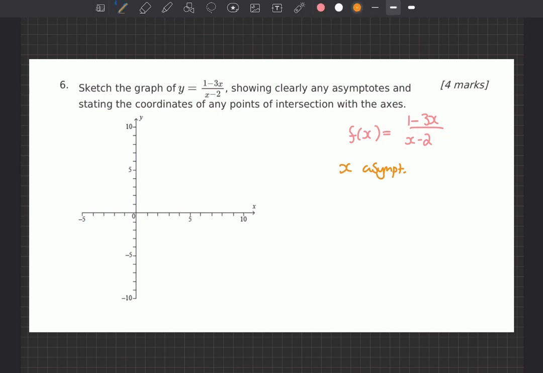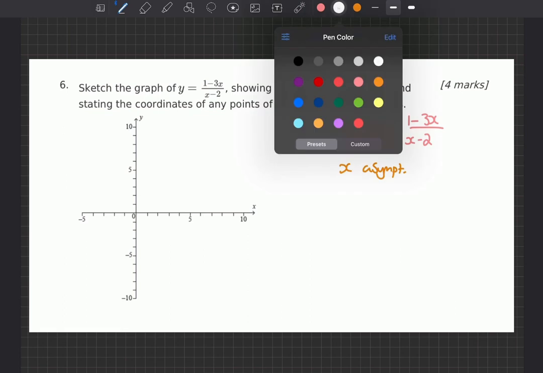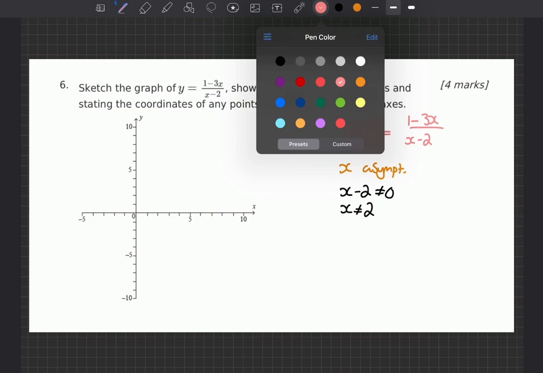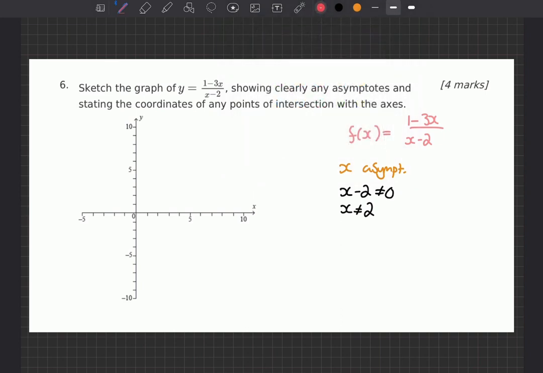So x minus 2 cannot be 0, x cannot be 2. So we draw a quick little asymptote at x equals 2.